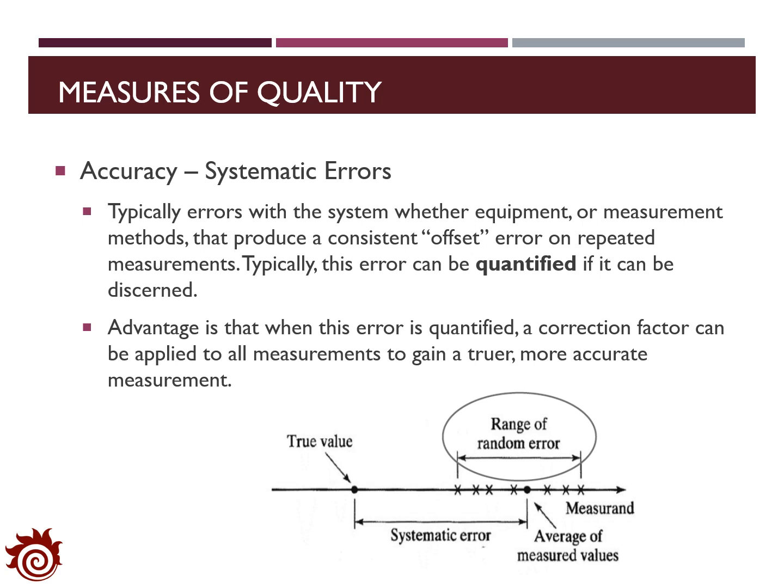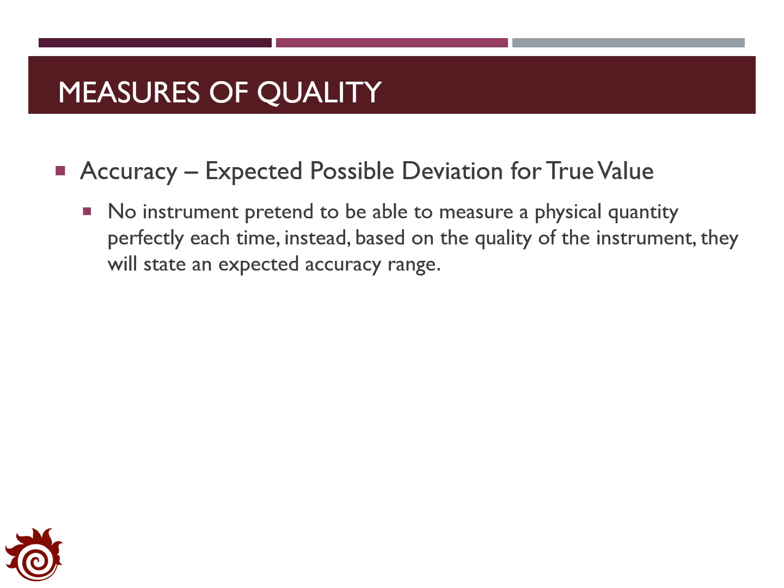The good thing is that we can apply some corrections to remove the systematic error so that we can make sure that our measurement is closer to the true value. The second one is the expected possible deviation from the true value. This one is actually related to the accuracy of repeated measurement.